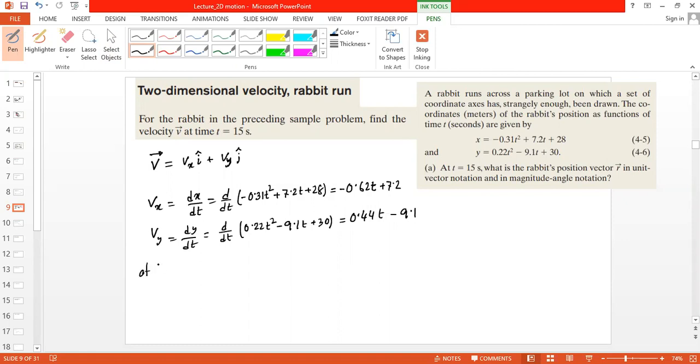So at t equal to 15 seconds, my Vx will be equal to minus 0.62 times 15 plus 7.2, and Vy is equal to 0.44 into 15 minus 9.1.